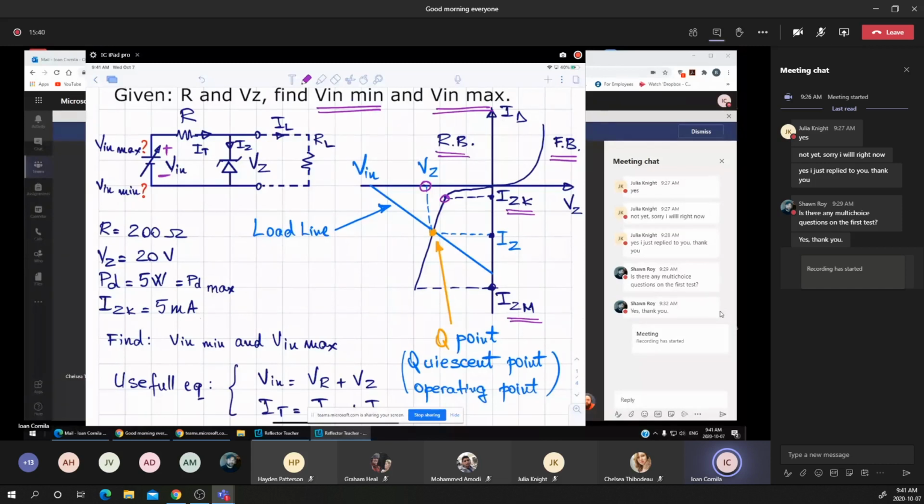I'm making an assumption that Vin is less than VZ. You notice that the supply voltage is less than VZ, which means that the current that flows through the diode is minimum, or very small.